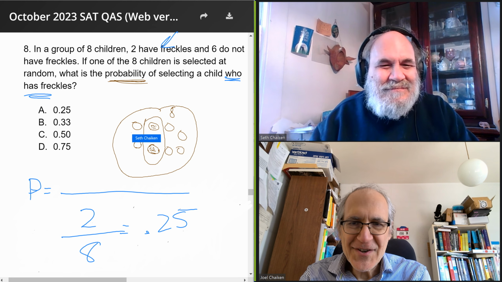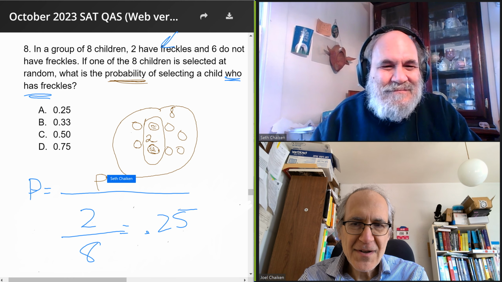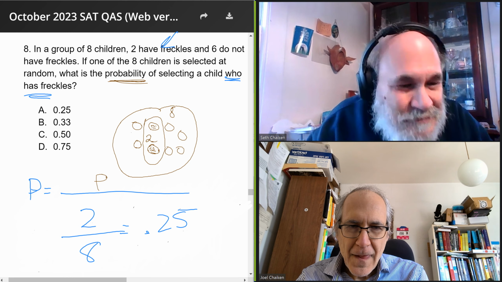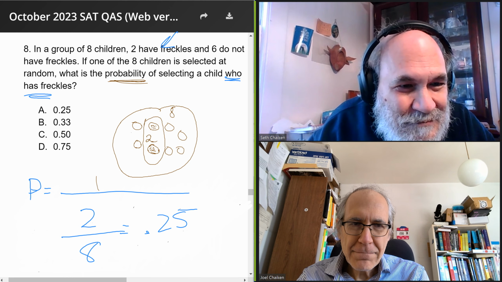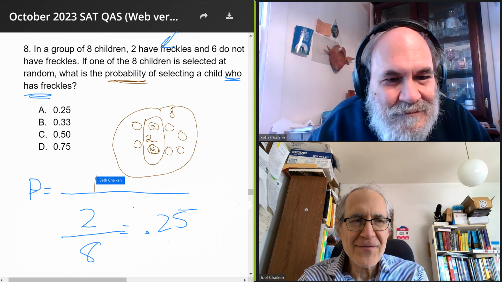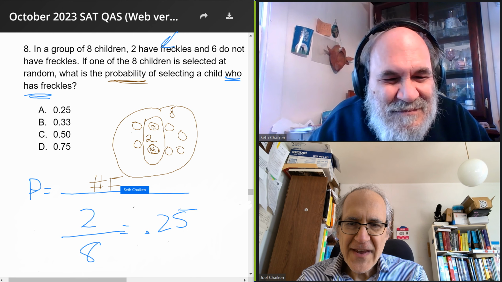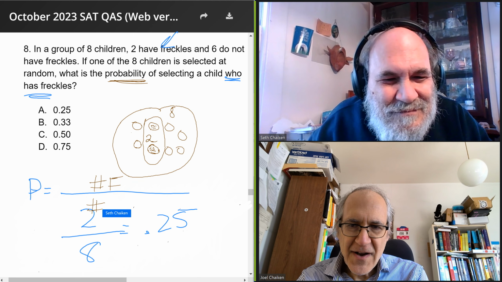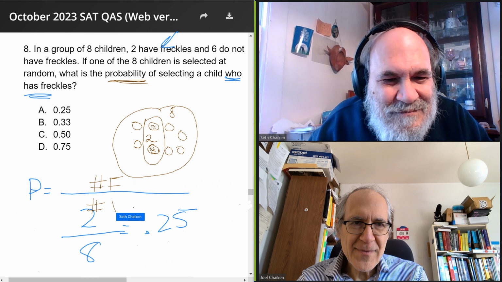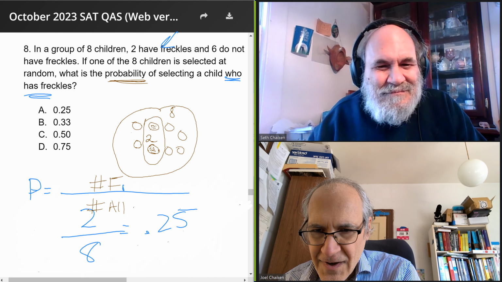A good working definition of probability, not necessarily the best definition technically, is something about the number of favorable outcomes. Number of favorable divided by the total number. F means favorable, so we should write that.